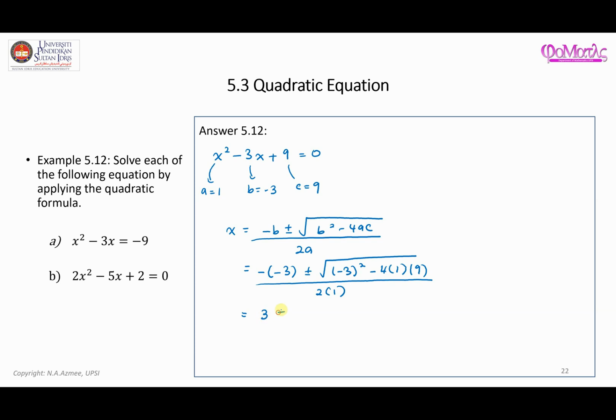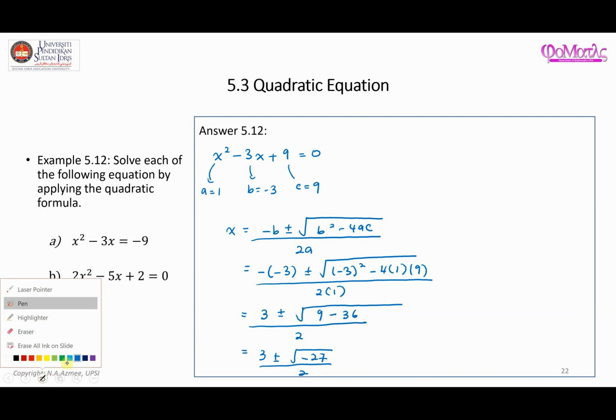And then you can simplify. It becomes 3 plus minus the square root of 9 minus 9 times 4, which is 36, over 2. 3 plus minus the square root of negative 27 over 2.